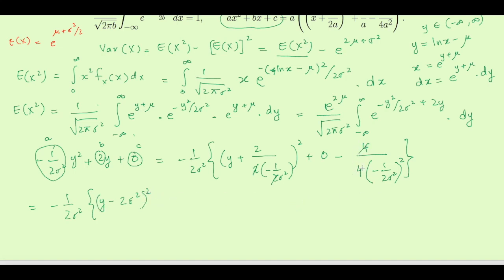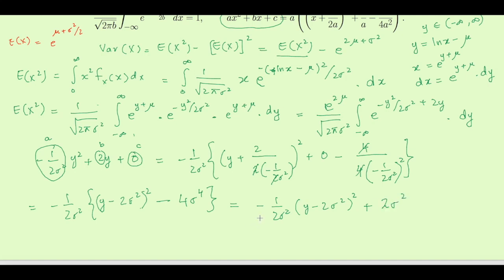This 4 goes with this 4, and then this is 1 over 4 sigma 4 with a positive, so this becomes 4 sigma 4, correct? So then I can also say this guy is equal to minus 1 over 2 sigma squared, y minus 2 sigma squared, plus, now this 2 goes 2 times, so 2 sigma squared.